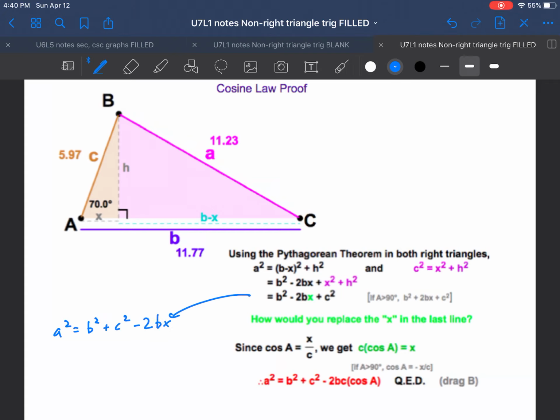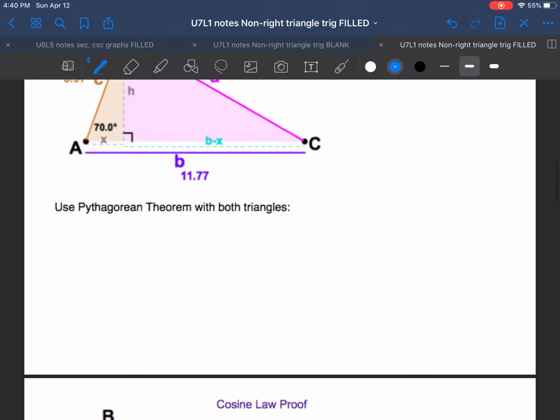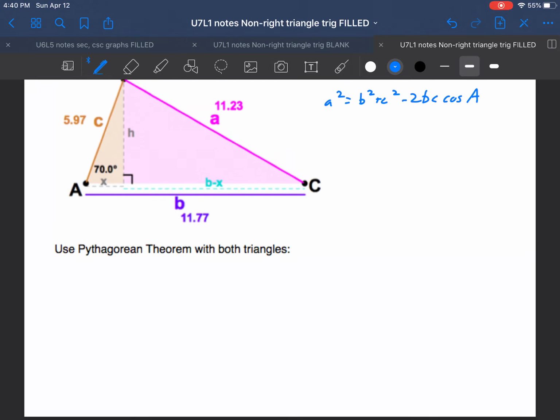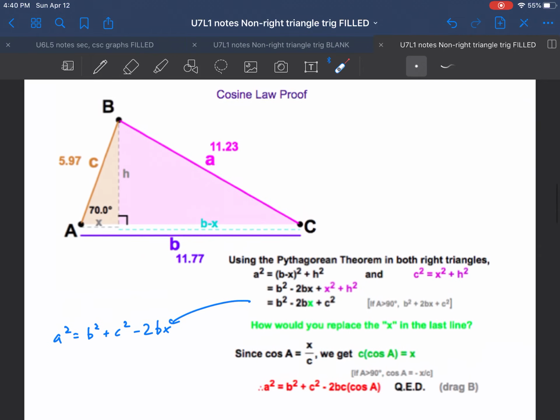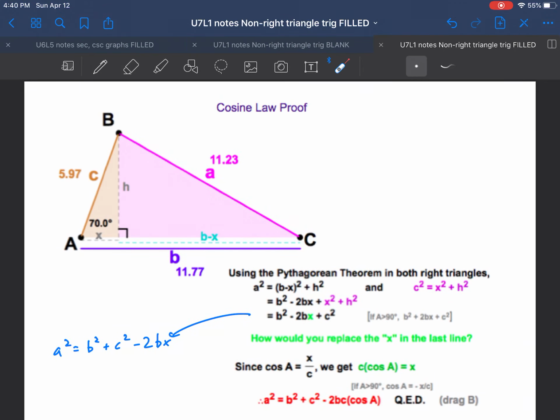All right, well, that's kind of what we want if we look back up here, but it's not exact, right? We don't want 2bx, we want 2bc cosine A. All right, so let's look over here, this triangle. Well, if I take the cosine of A, it's equal to x over c, right? Let's write that. The cosine of A is equal to adjacent over hypotenuse.